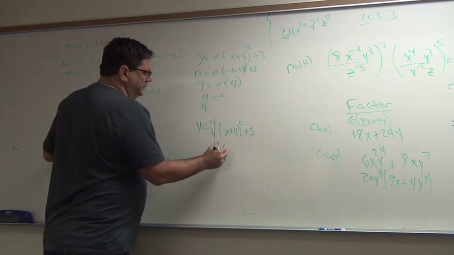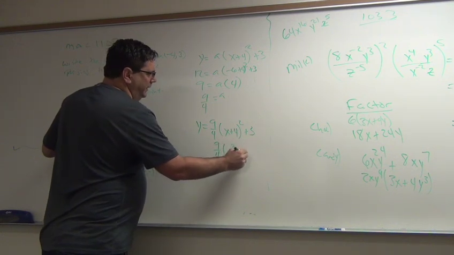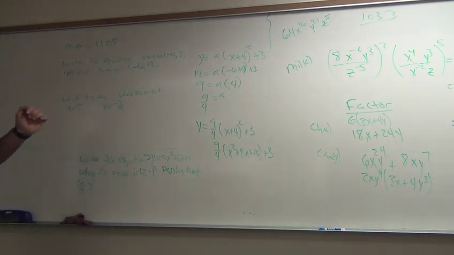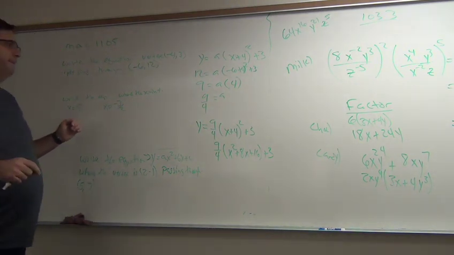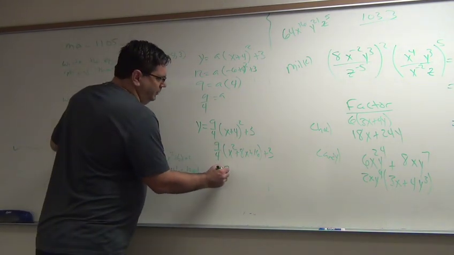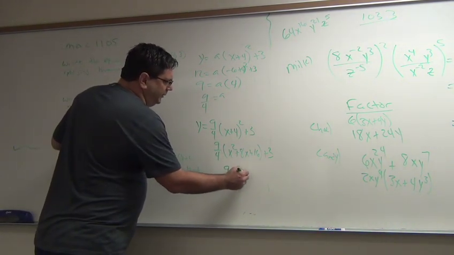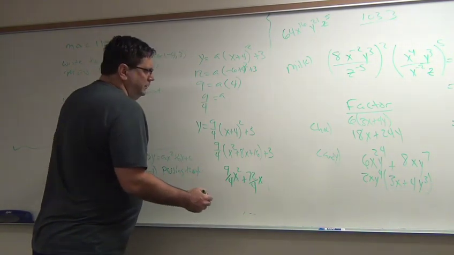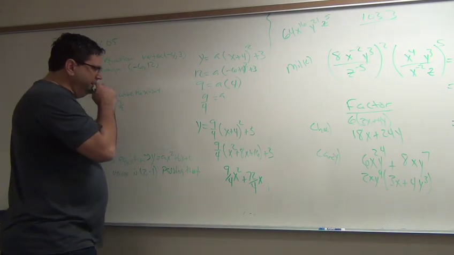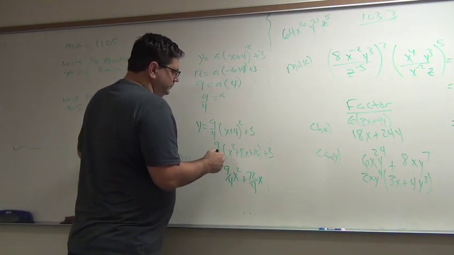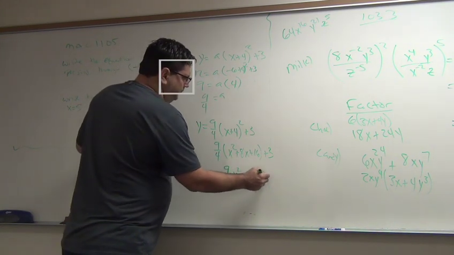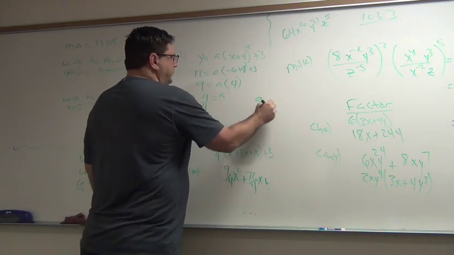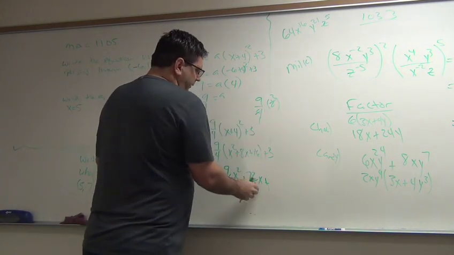This is 9 over 4, x squared plus 8x plus 16, plus 3. We distribute: 9/4 x squared plus 72x over 4. 9 over 4 times 8, this is 18.